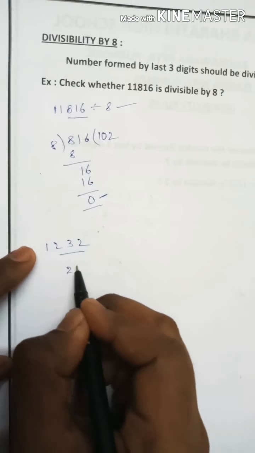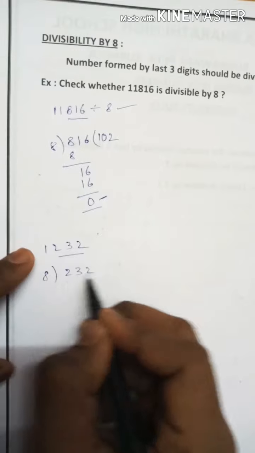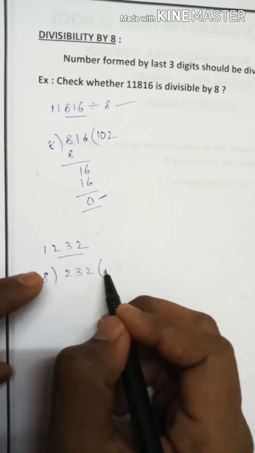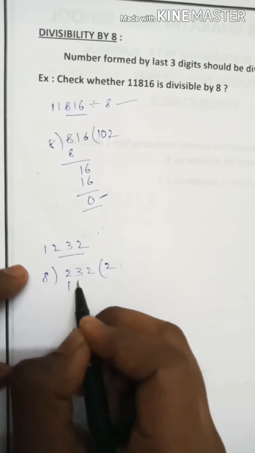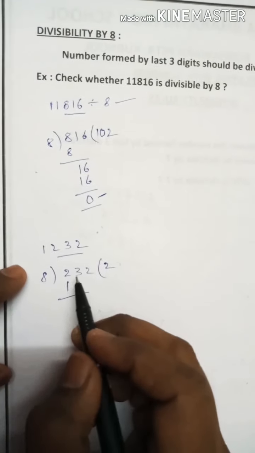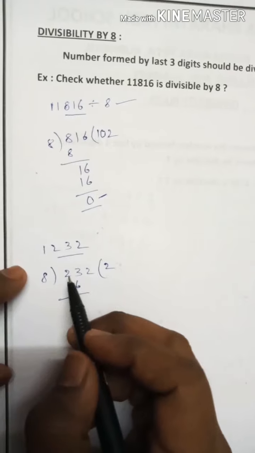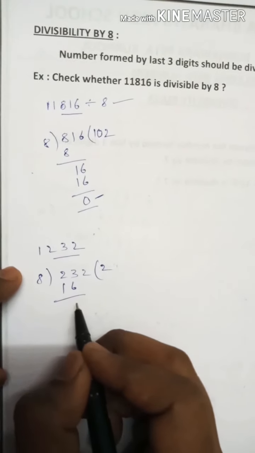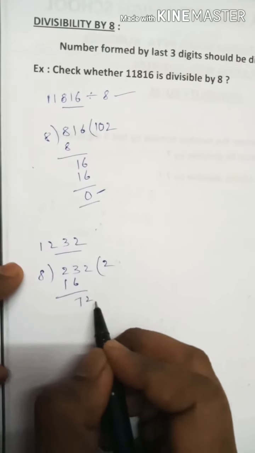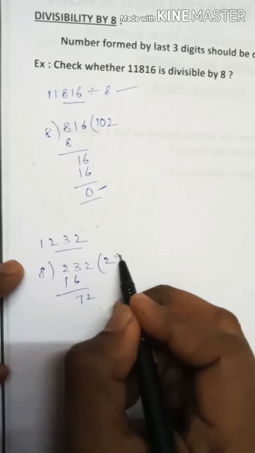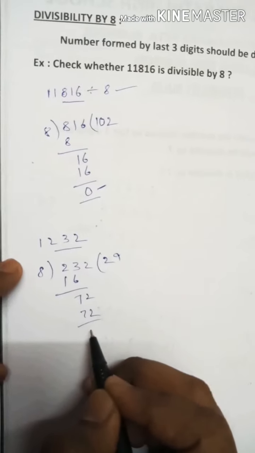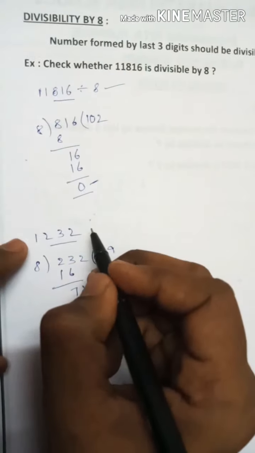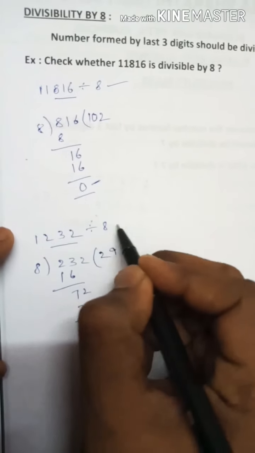So let us check whether 232 is divisible by 8 or not. 8 3s are 24, so we cannot take 24. 8 2s are 16. Okay, so if you borrow 1 from here, it will become 13. 13 minus 6 is 7. Bring down 2. 8 9s 72. 72 minus 72 is 0. So we got remainder 0. So from this we can say that 1232 is divisible by 8.